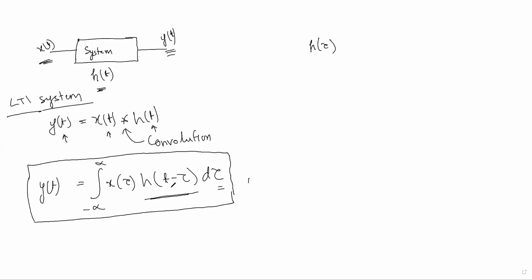What are the operations involved? First, minus tau is there, so the first operation is minus tau, which means time reversal. Again, you see t minus tau is there. If you take minus common, it is tau minus t.